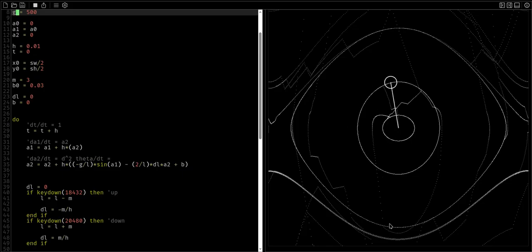Anyways, so this is our basically complete game dev phase space trajectories mapping of our pendulum.